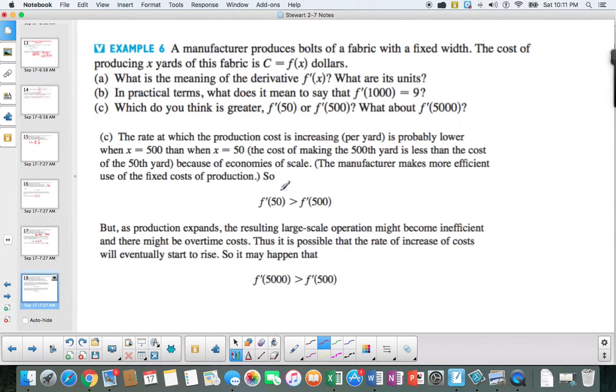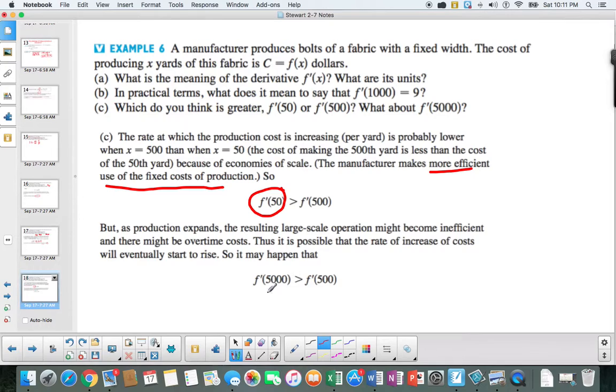Well, they say that f prime of 50 will be greater than f prime of 500. In other words, this is the startup when you first start manufacturing the fabric, and it costs more. And if you make more and more, it's more efficient, and the use of the fixed cost of the production, and you start making money. It kind of sounds familiar.